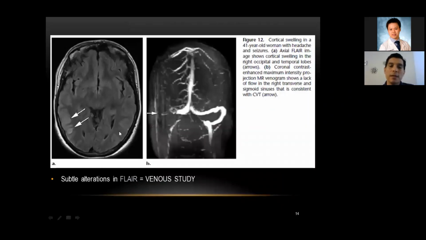In this case, only a subtle alteration in FLAIR led us to request a venous study, an MRI. Time of flight could be another option, but maybe the best is using contrast, and even venous CT could be a good exam.